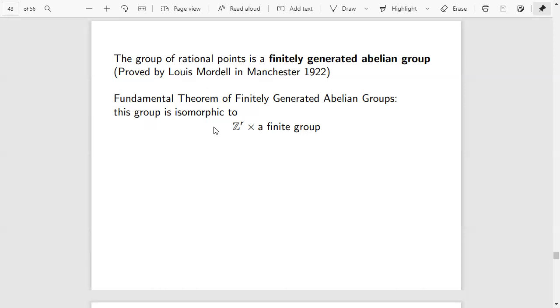On the other hand, if you work in an elliptic curve, it might be abstractly the same group as Z to the r, but you've described it in a very different way, which means that doing complex calculations in it is much harder.